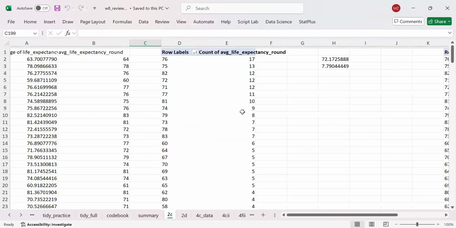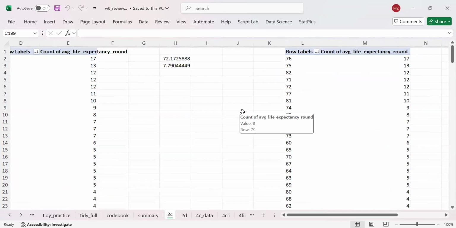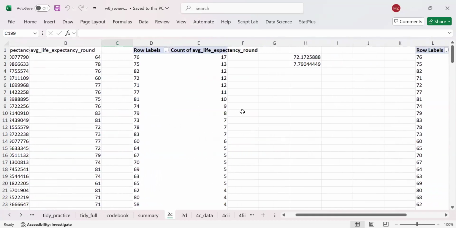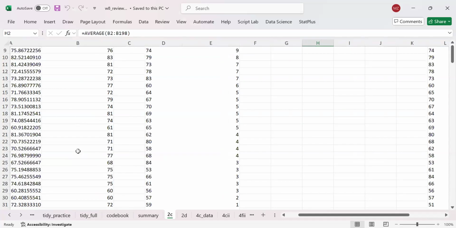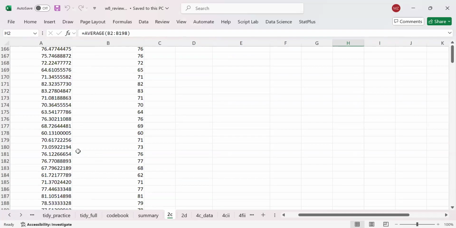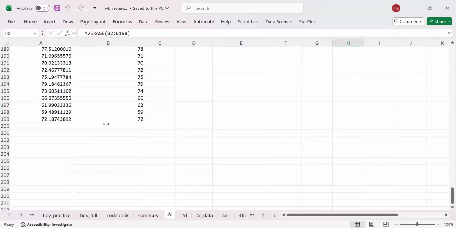So we can do that by taking the mean, using the average formula here. So for taking the mean of all of these values, we can use the average of this whole range of values, right?